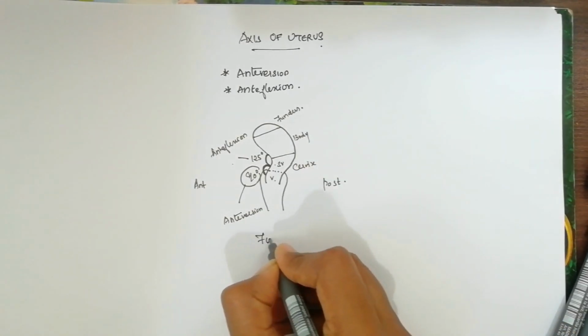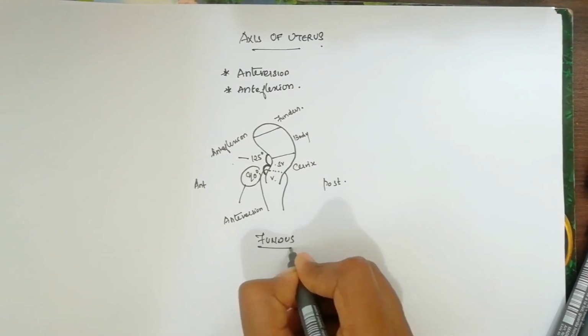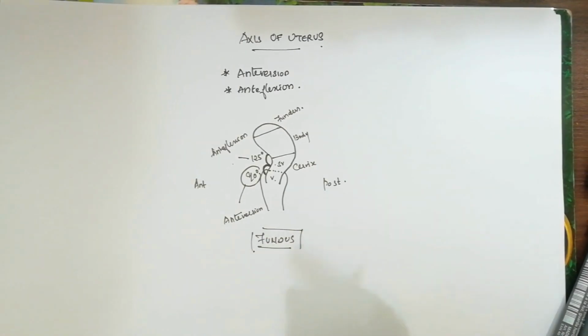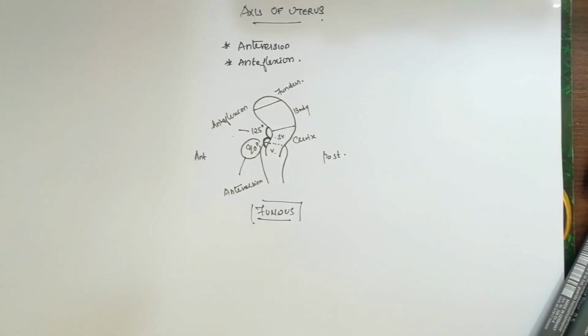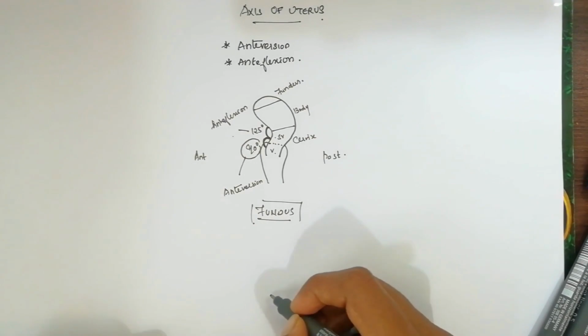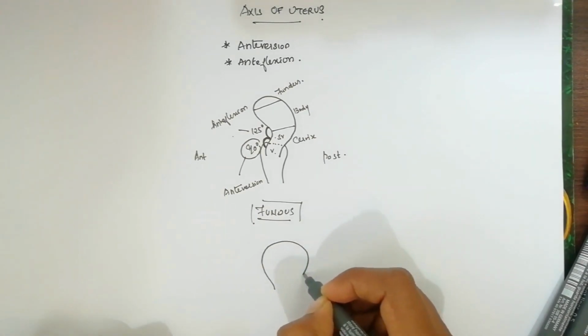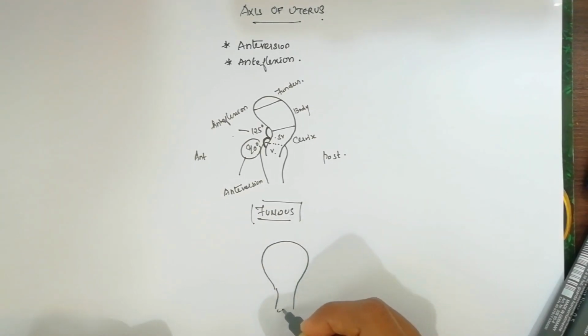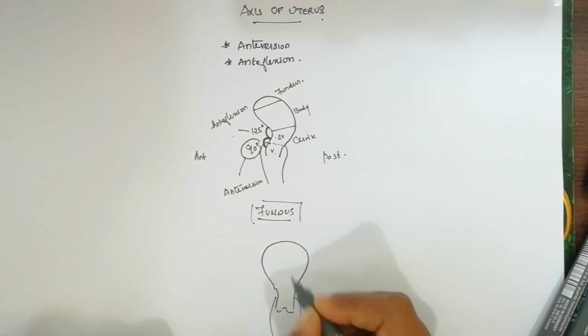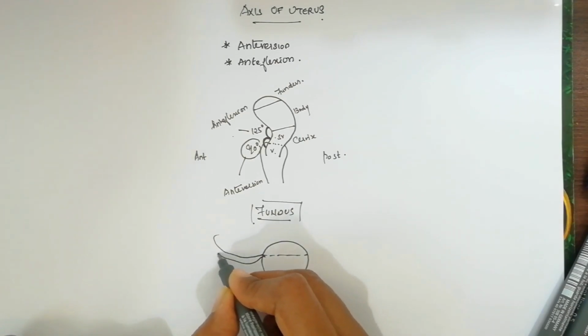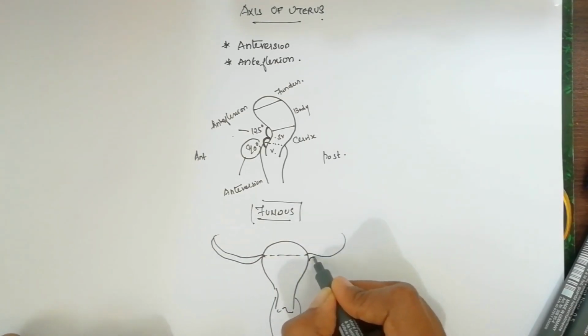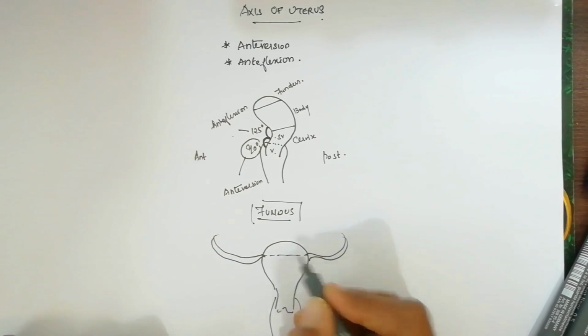Talking about the fundus of the uterus, there is nothing much. We have to know it is the dilated or expanded part of the uterus. This is the imaginary line drawn below, from the uterine tube.